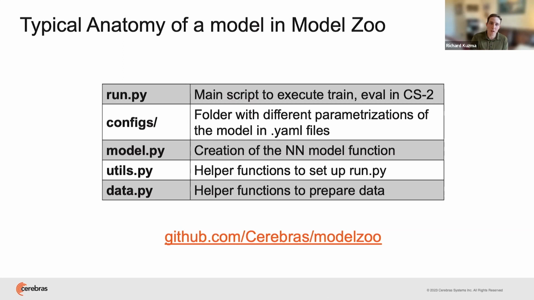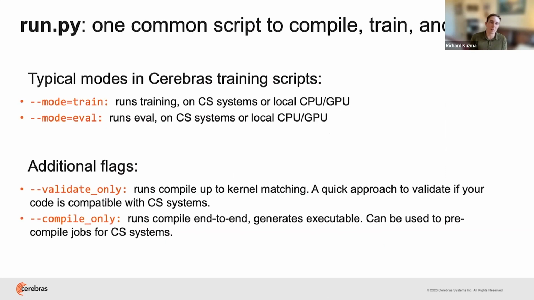So if we go a level deeper into run.py, it's just your one common script to compile, to train, and to evaluate. This instantiates the CS estimator, creates the run config to be passed to the estimator, and calls the appropriate functions, train and evaluate, based on the mode passed by the user.